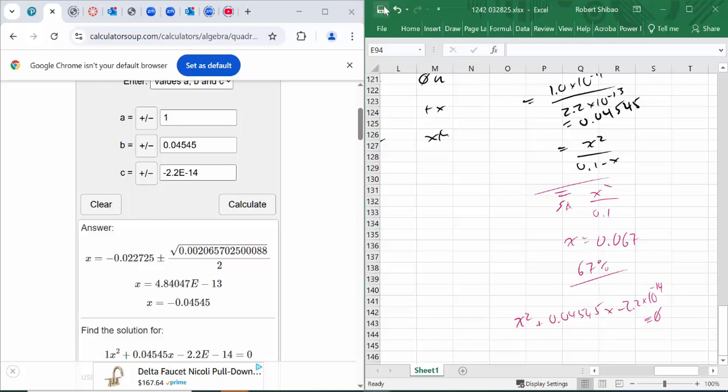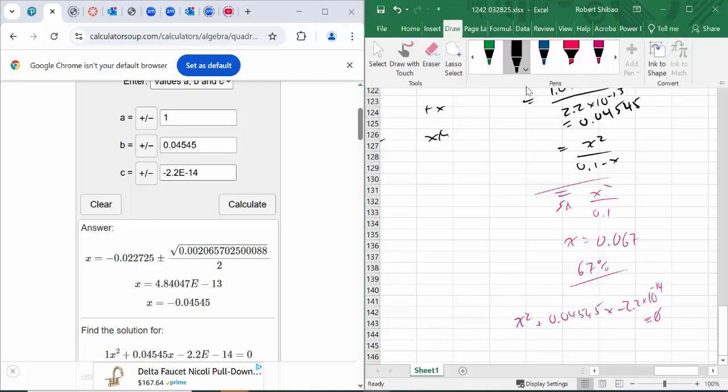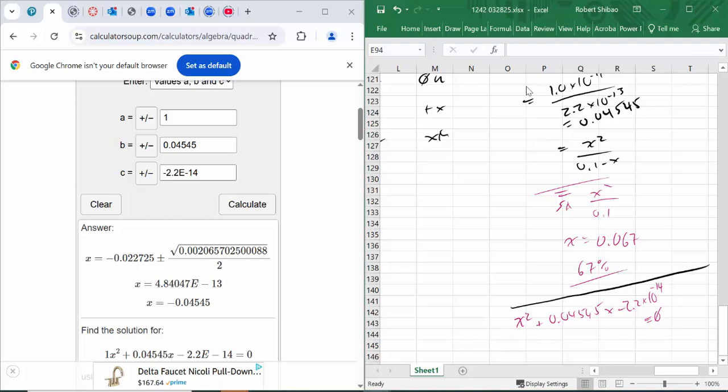So I'm doing quadratic now. Should have done it in a different color. Let's see if this works.